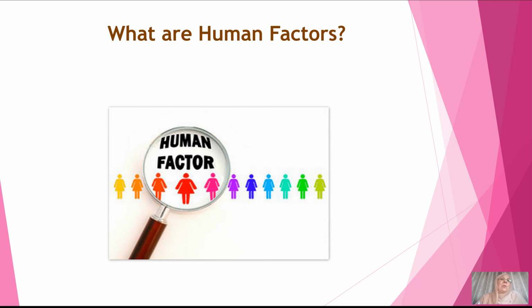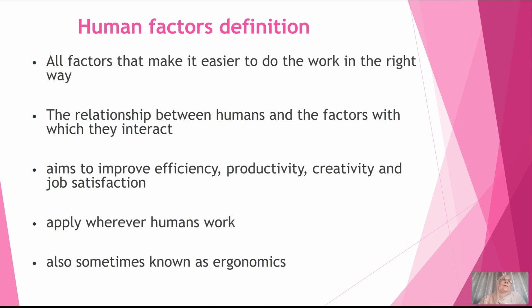So we're going to look at the human factor within the causation of adverse events now. What is meant when we talk about human factors? The human factors definition is that these are all factors that make it easier to do the work in the right way.